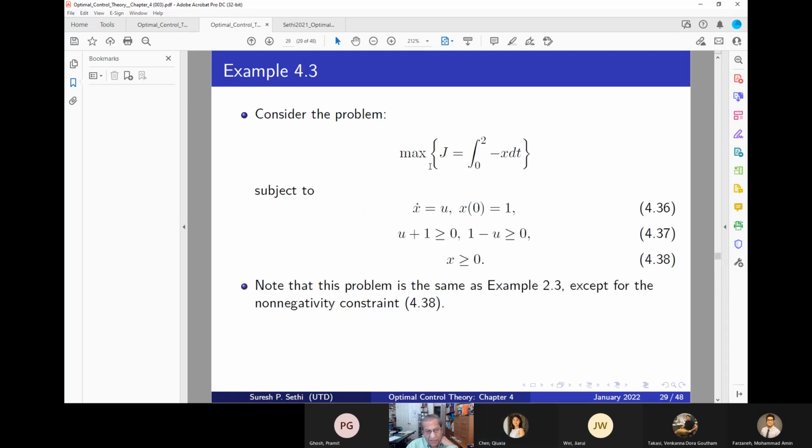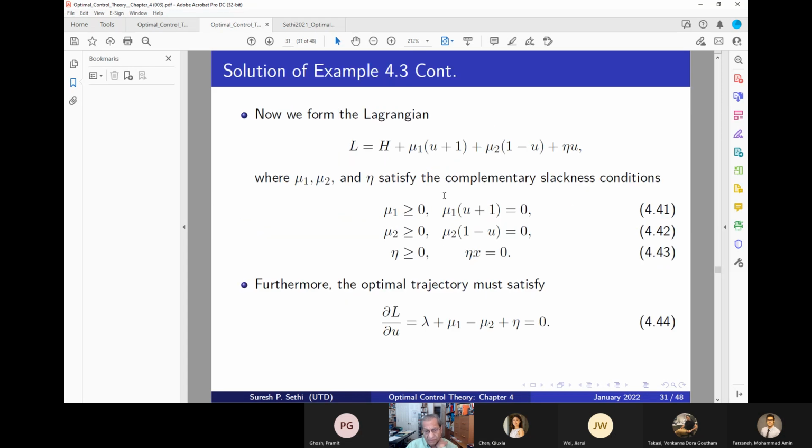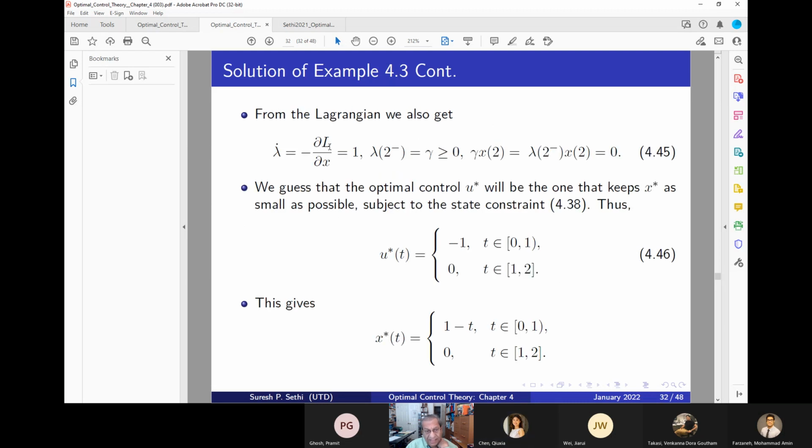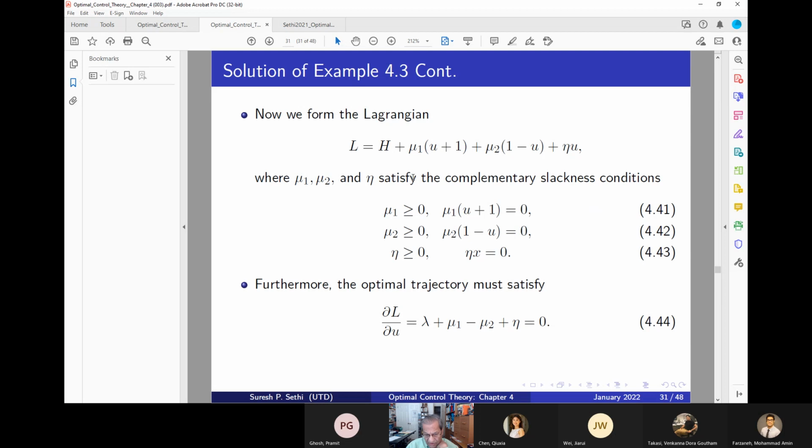Well, lambda dot is coming from the Lagrangian derivative, right? Yes. So lambda dot is coming from minus delta L delta x, which is equal to 1. That's going to just stick around as 1, because if there's no control, it's not going to change. Look at the Lagrangian.